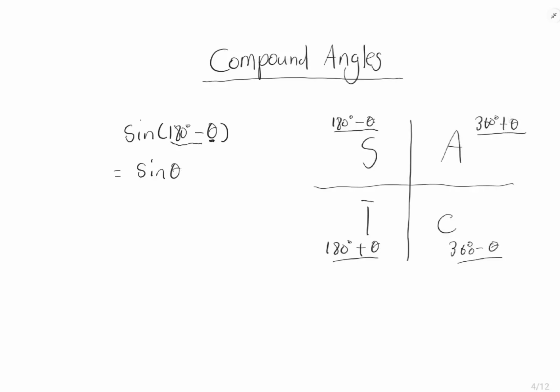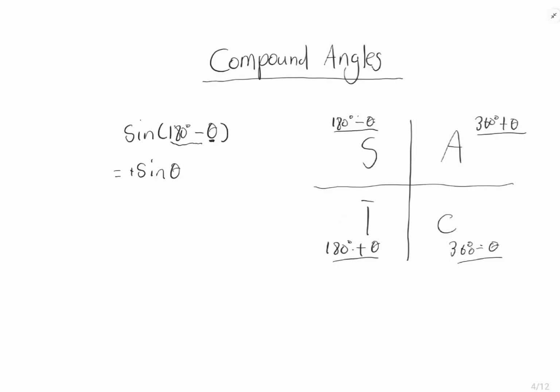So yes, in as much as these are compound angles, they're also easy to solve by reduction, knowing that this 180 minus is in the sine quadrant, so it remains positive because it's sine and it's in the sine quadrant, right? So this is the easiest way to solve this when you have 180 minus, 180 plus, 360 minus, and 360 plus. And they are compound angles again because it's two angles.